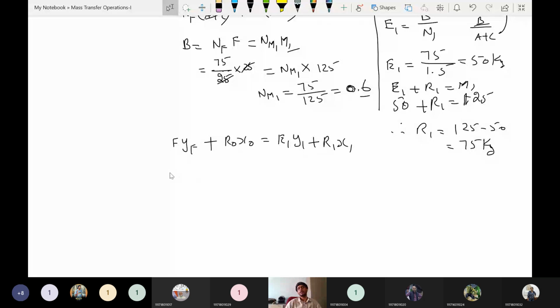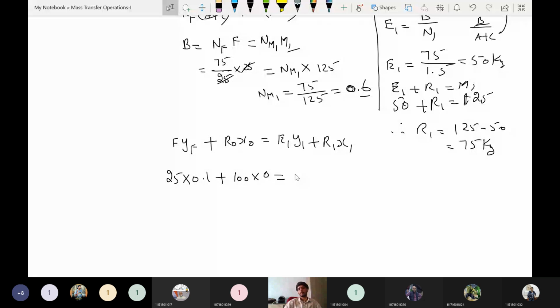F is 25 and YF is equal to 0.1, R naught is 100 into 0, is equal to 50 into Y1 plus 75 into X1. So 25 into 0.1 is 2.5, giving 50 y1 plus 75 x1 equal to 2.5.